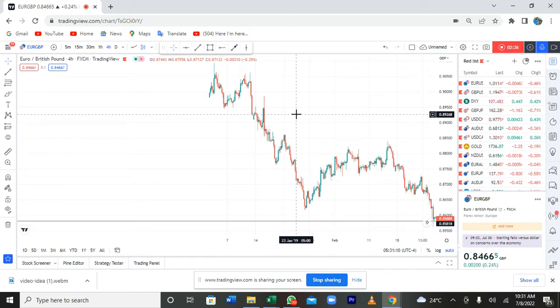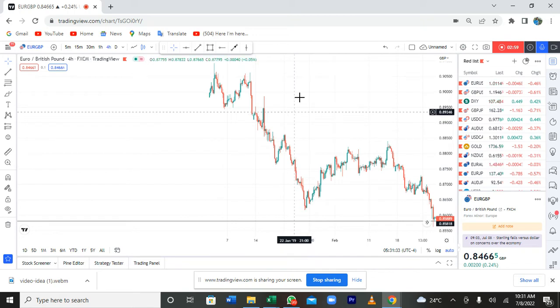The D stands for drop, and a drop is a sharp sell. The B is the base, and the base is a sideways movement of the market, or consolidation.